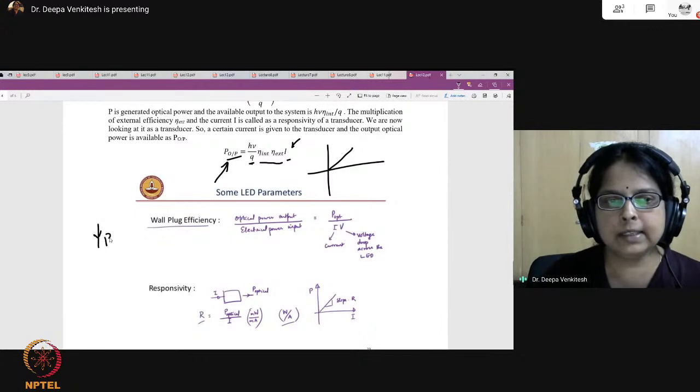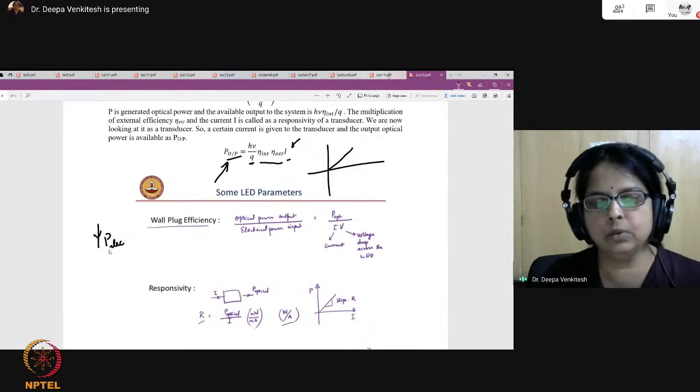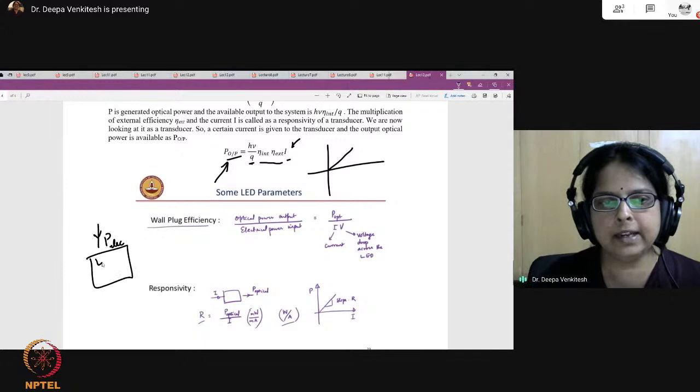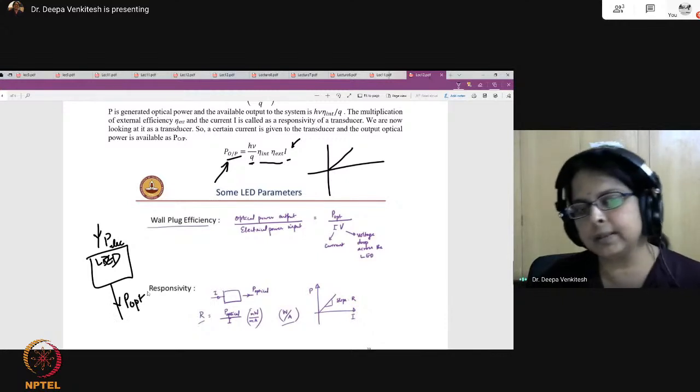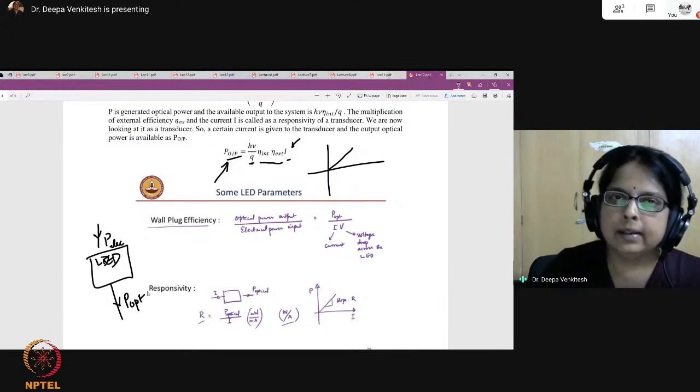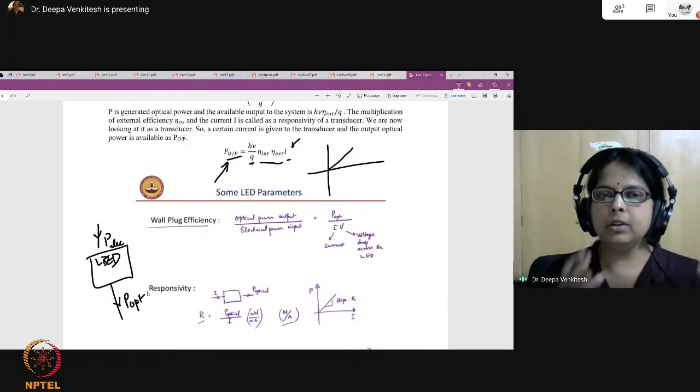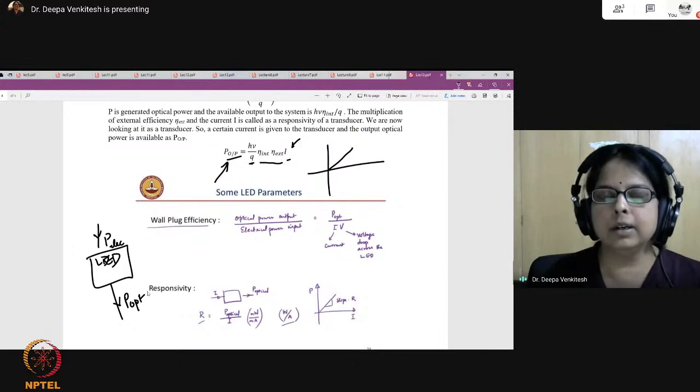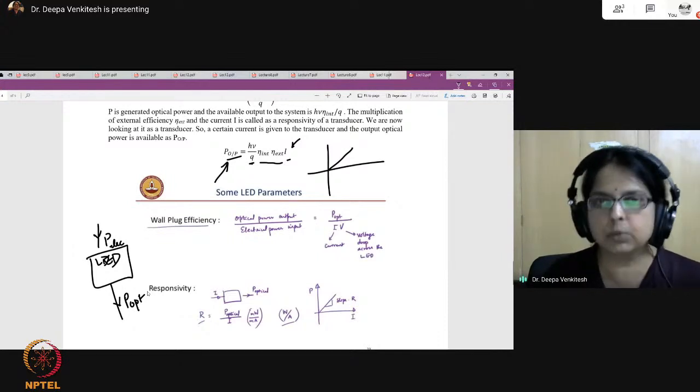So there is a certain electrical power that I'm using, and this LED block is converting it into optical power. And what is the loss in the process, or what is the efficiency of the process? How do I quantify the efficiency with which I'm able to convert electrical power to optical power? That is wall plug efficiency.